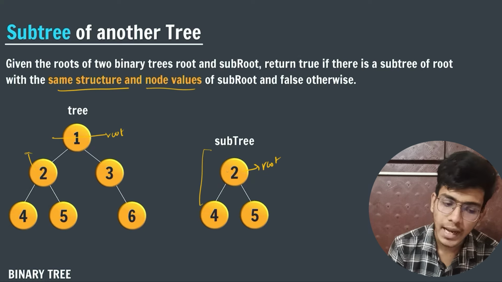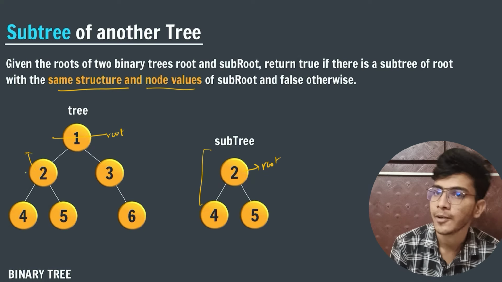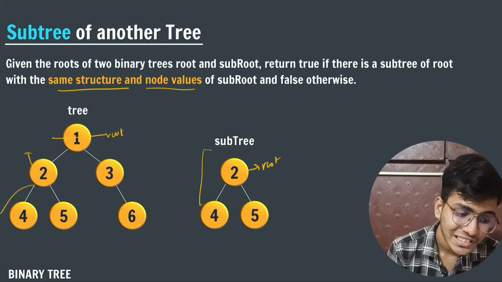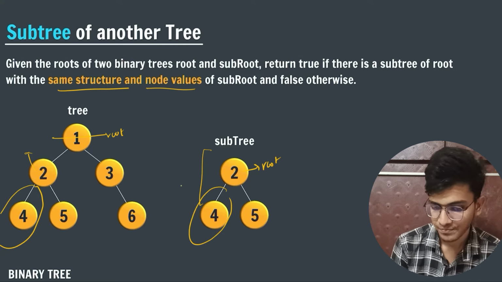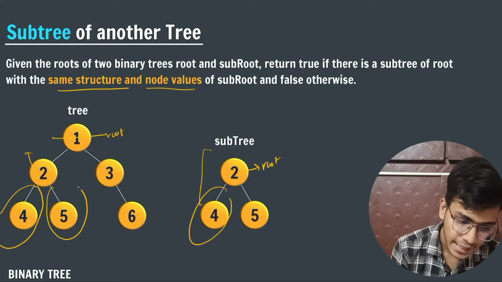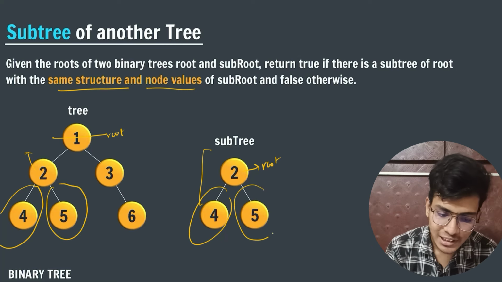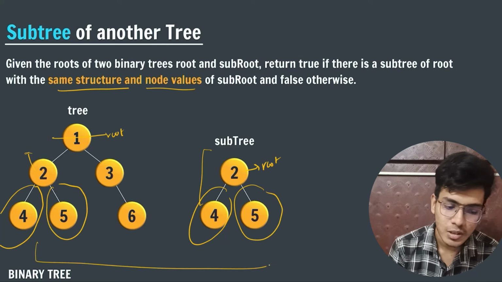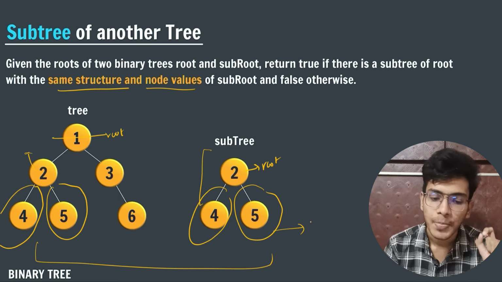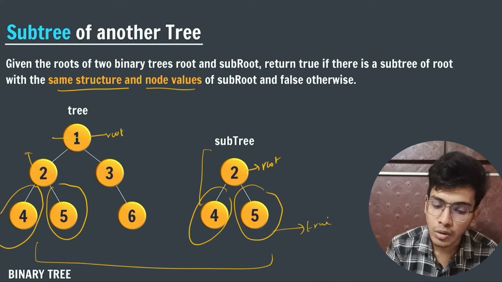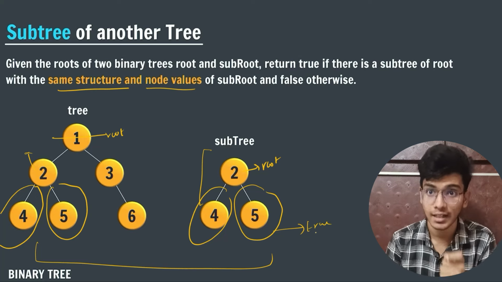This is the subtree and its subroot is found here. Now after that, I will see its left part and I will see this tree's left part. After that I will see this tree's right part, and after that I will see this right part. If these two things get matched after finding my subroot, then and only then will I return true. I hope you got the thing here.